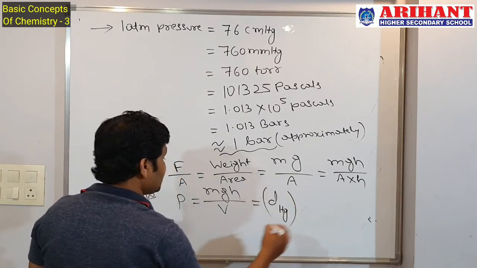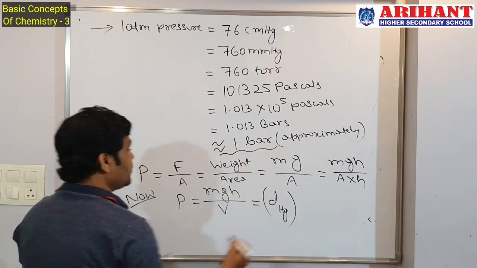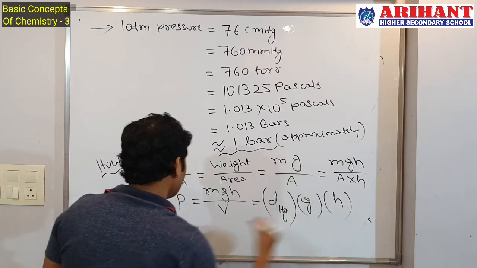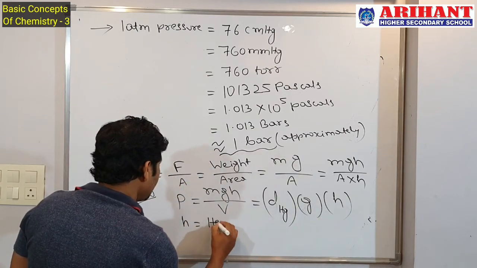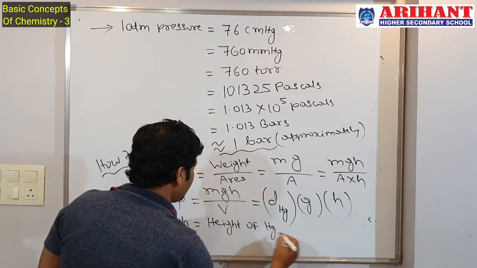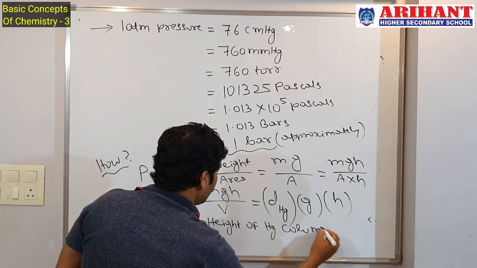Hence P is density of the mercury into g into h. h is equal to height of the mercury column.